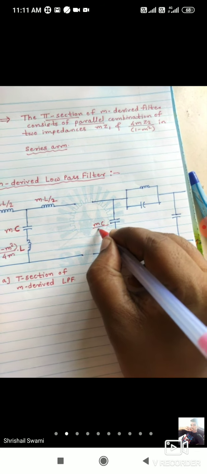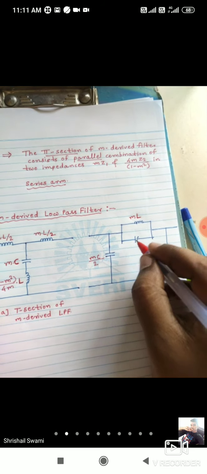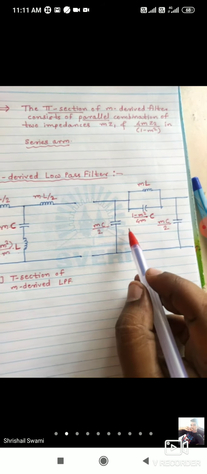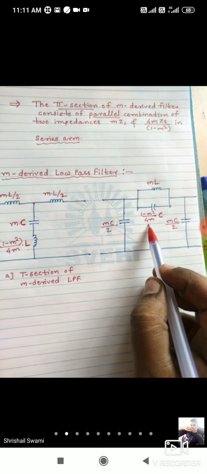Here the value will be C by 2, just multiply by m: m into C by 2. Here the parallel combination is m into L, and this capacitor will be 1 minus m square divided by 4m into C.